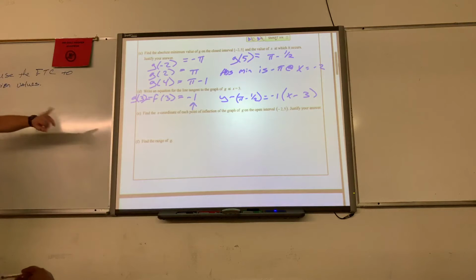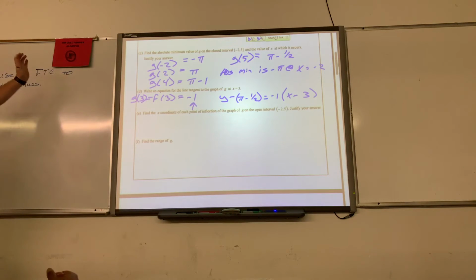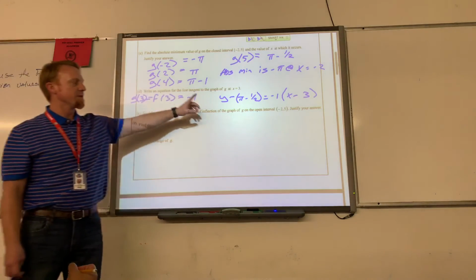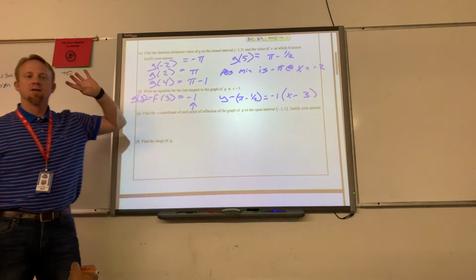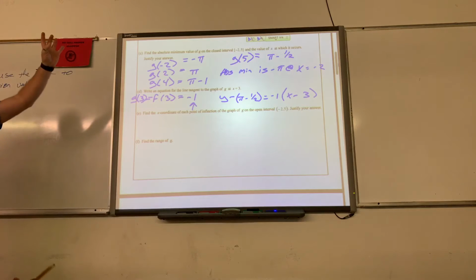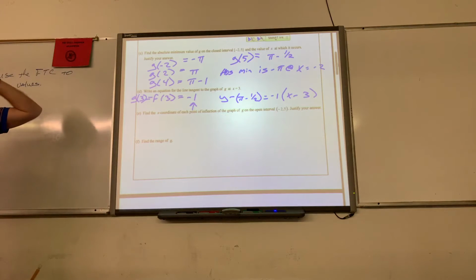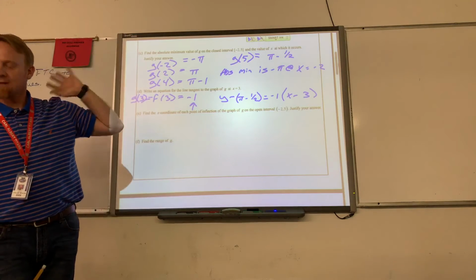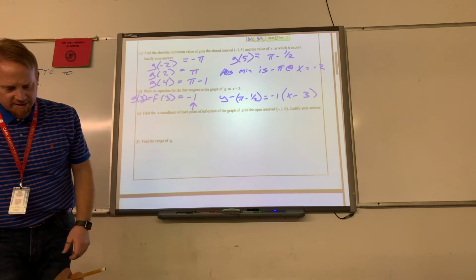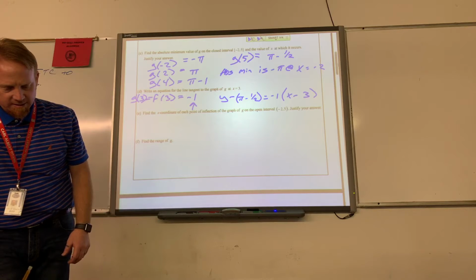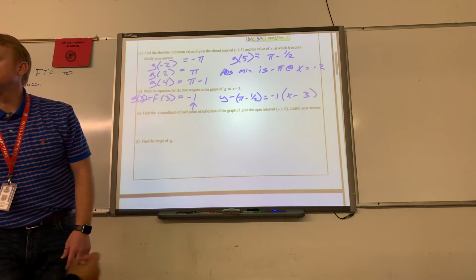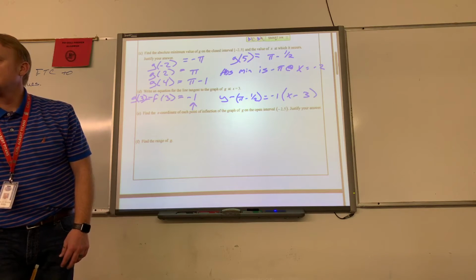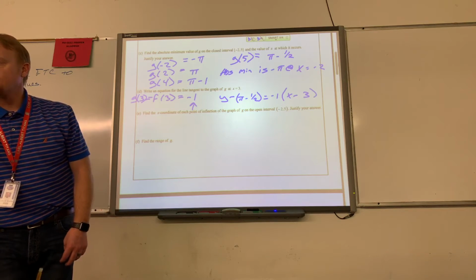All right, this one should be easy. Raise your hand. Find the x-coordinate of each point of inflection of the graph of g on the open interval from -2 to 5. Who's got points of inflection for me? Hunter. So there are points of inflection at x equals 0 and x equals 3, because f changes from increasing to decreasing or vice versa.